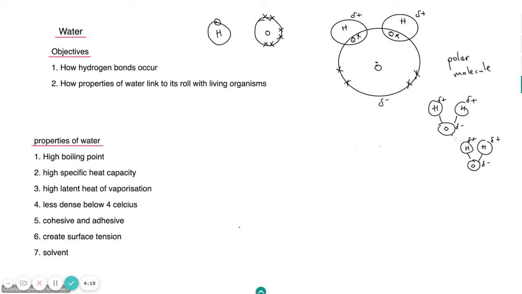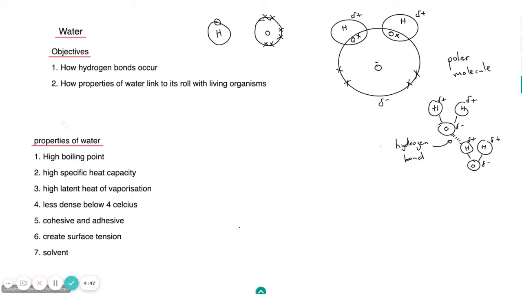It's going to form an interaction, and that interaction there, we call this a hydrogen bond. Okay, and that can happen, this water molecule can now bond to another one, and so on. So because of this ability for water molecules to interact or stick towards each other, it's going to have quite an impact on some of its properties.